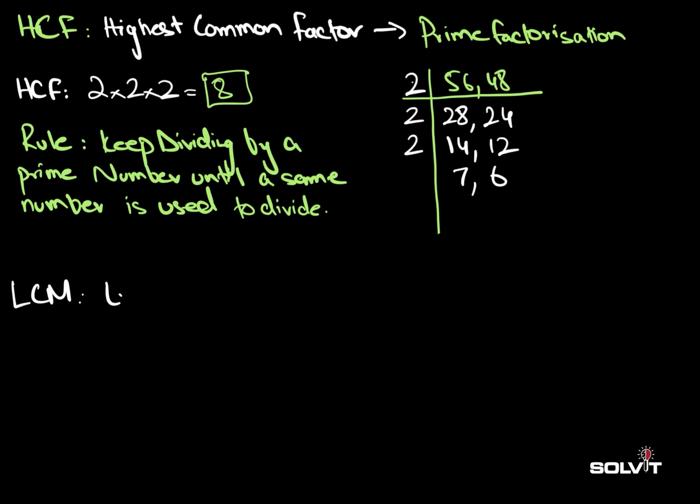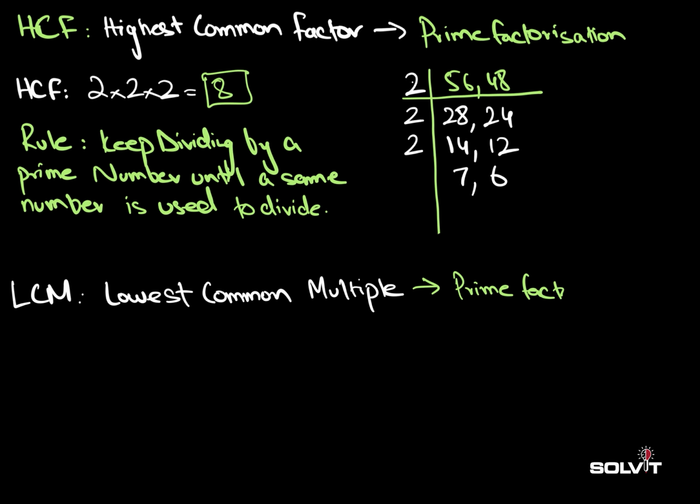So lowest common multiple is again figured out by using prime factorization. Let's just see an example where we need to figure out the LCM of 12 and 14.